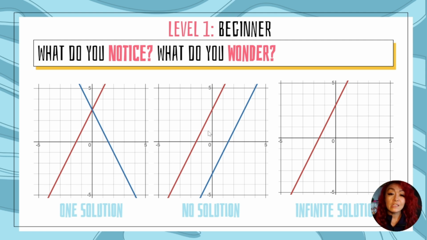In the second graph, since the lines never intersect, that means there's no point of intersection, which means there is no solution. And in the third graph, since the lines lie on top of each other all the time, that means they are always intersecting, which means there are infinite solutions.